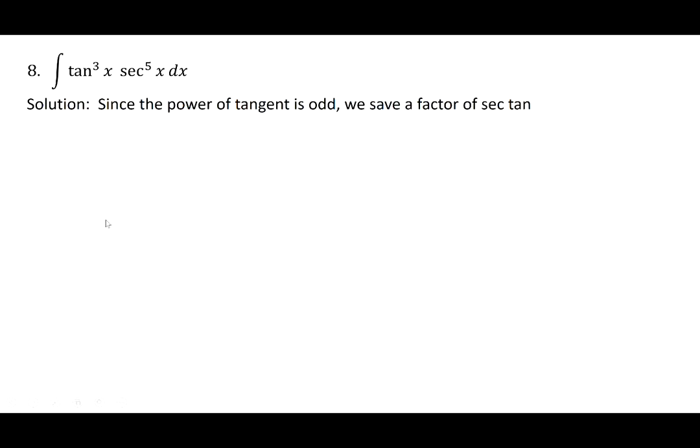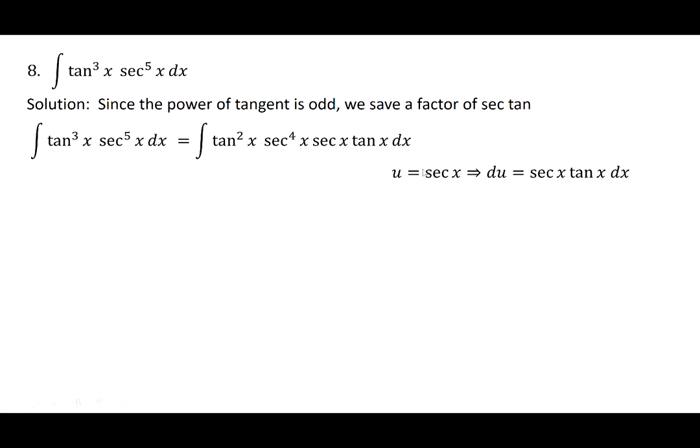Next, tangent cube x secant to the 5x. If the power of tangent is odd, then save a secant x tangent x. That means we will rewrite this as tangent square x secant to the 4x times secant x tangent x dx. u equals something such that du is secant x tangent x dx. So the answer is u is secant x.